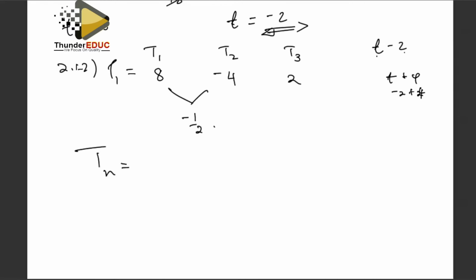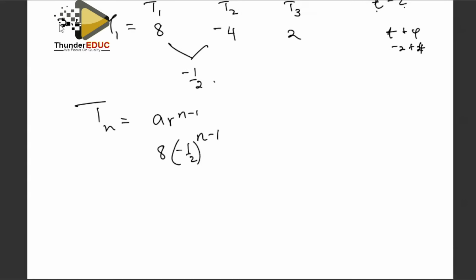So we know that the general term is given as a r to the exponent of n minus 1. Then if our a is 8, we are multiplying it by the common ratio, which is negative a half, to the exponent n minus 1. That is still the Tn. But the question is interested in finding T25.